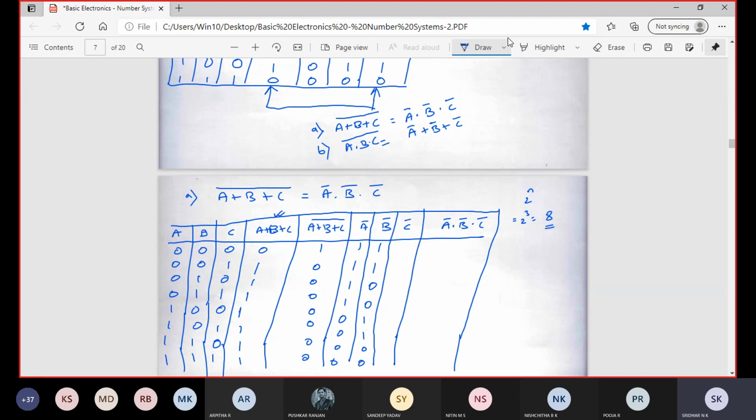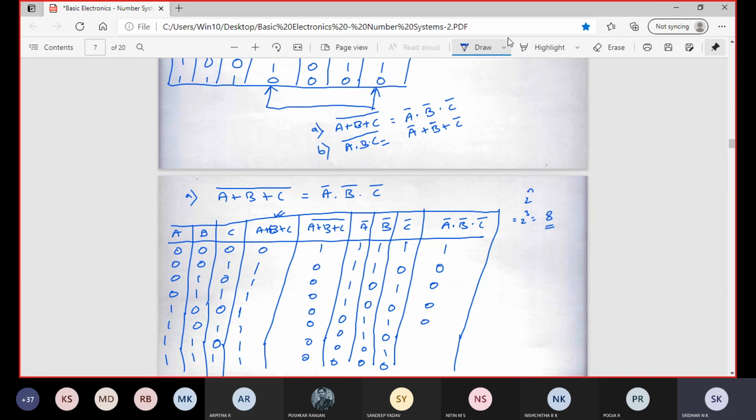Similarly here, it is 1 0 1 0 1 alternate. 0 1 0 1 0 1 0. Correct? Yes, sir. Right. Now you do AND operation of this. So what will be the AND operation of this? All are 0. Correct? Because if you find any 0, you put 0.